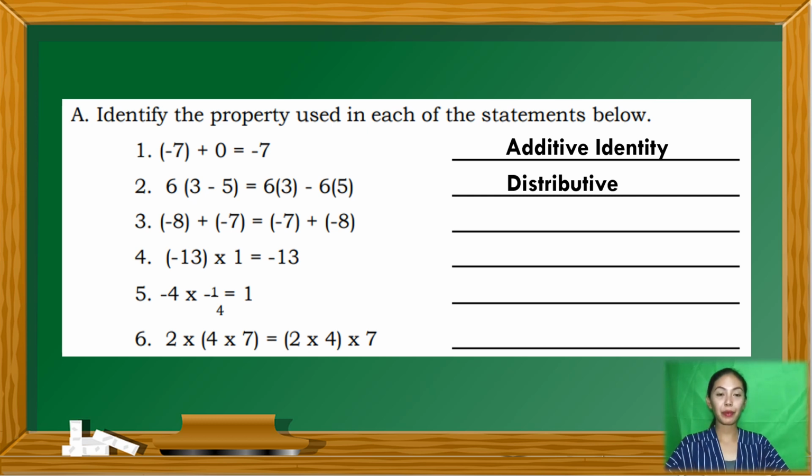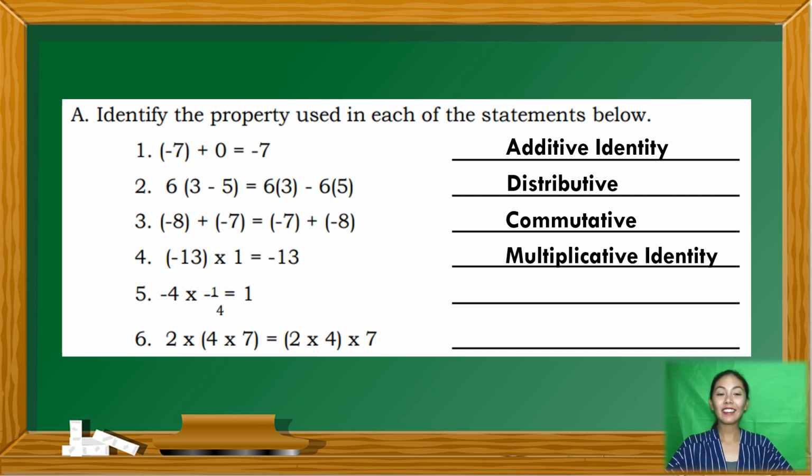For number 3, we have negative 8 plus 7 plus negative 7 is equal to negative 7 plus negative 8. So this is commutative property. Next, negative 13 times 1 is equal to negative 13. So this property is multiplicative identity. Okay, number 4.